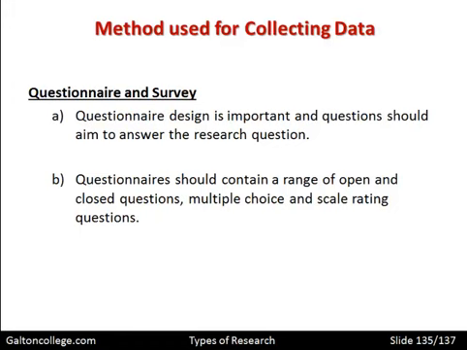These are known sometimes as Likert type questions. They're dealt with in other videos on this course. But the questionnaire should contain a range of open, closed, multiple choice and scale rating questions. Just varied, so it's not a boring exercise for the respondent. And the respondent's more likely to cooperate in that situation.